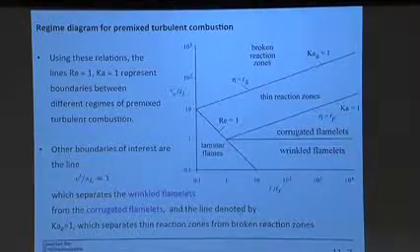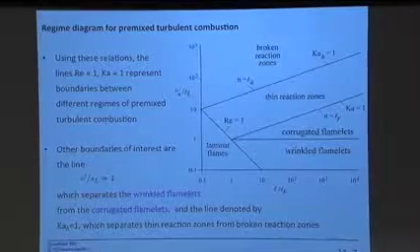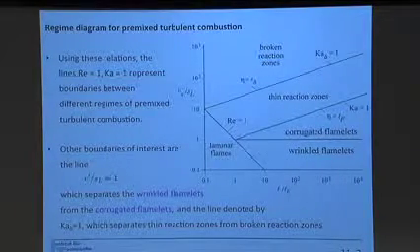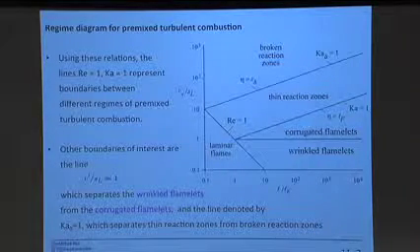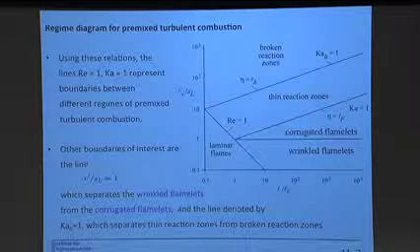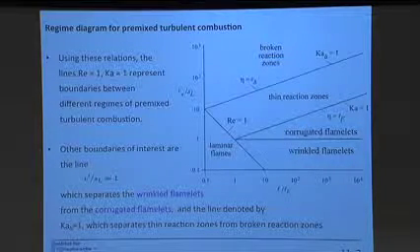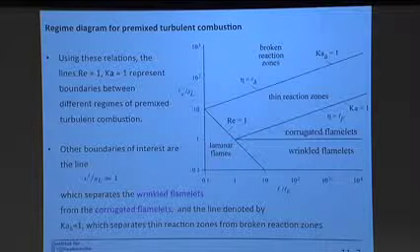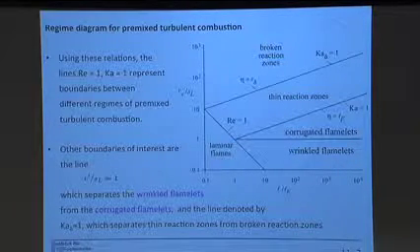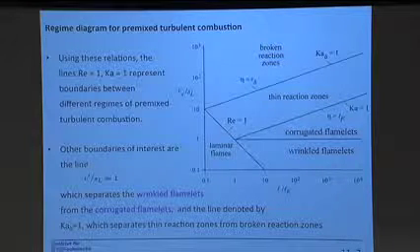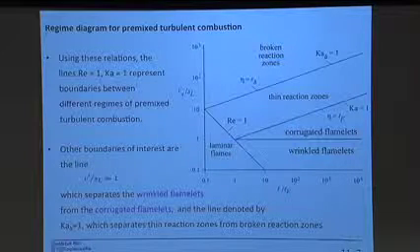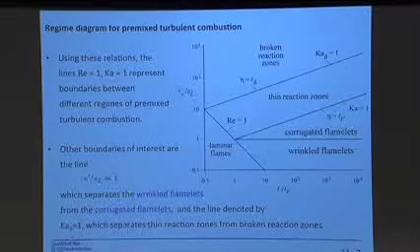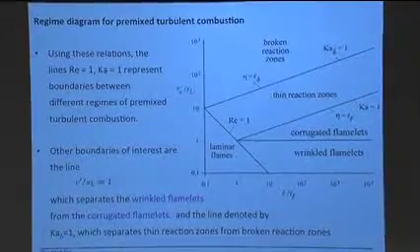The turbulent velocity fluctuations try to wrinkle this thing, but the flame burns much faster than the turbulence can wrinkle the flame, so it will never be wrinkled. Why it's still called the wrinkled flameless regime, I don't know. But the idea is that there's not much wrinkling there. So we won't talk about this much more.